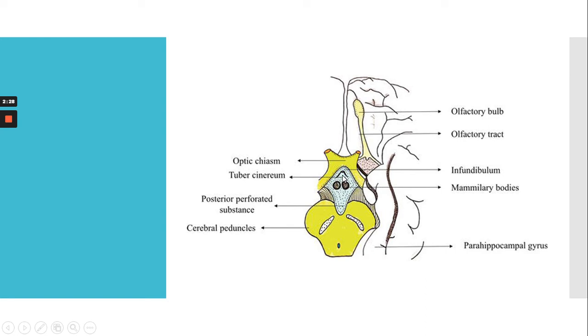So behind this, that means superior to this is the hypothalamus, and you can see part of mammillary bodies in this picture, and of course the cerebral peduncles and the posterior perforated substances, which are also part of the posterior border of the hypothalamus. So this is a picture from a different view from the inferior view, just to give you more details and more anatomy of the hypothalamus.